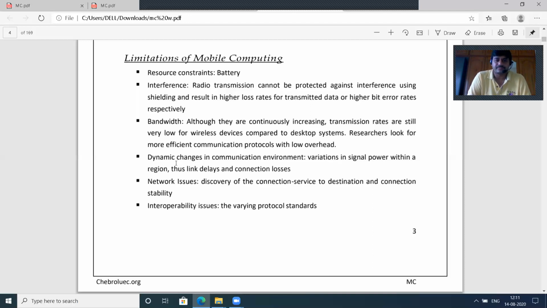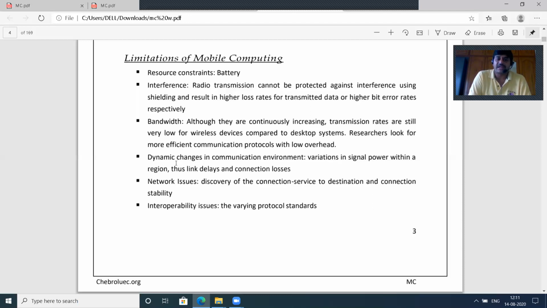Next, network issues. Network issues mean, as we all know, the discovery of connection services to the destination and connection stability. The mobile is moving from one place to another due to environmental problems. For either of these reasons, network issues will happen in mobile computing.